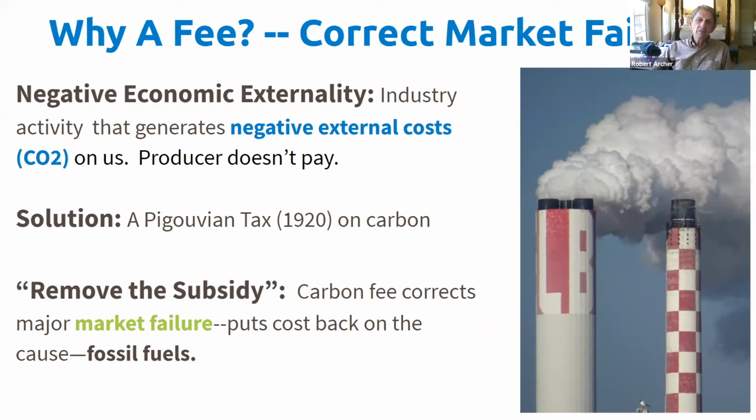This is a negative economic externality. Without a carbon fee, we are subsidizing the fossil fuel industry to a massive degree. So there's no incentive for the polluter to change. CCL's carbon fee puts the cost back on the cause of pollution, fossil fuels.